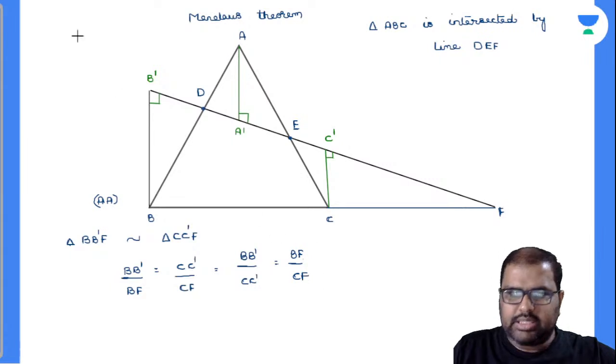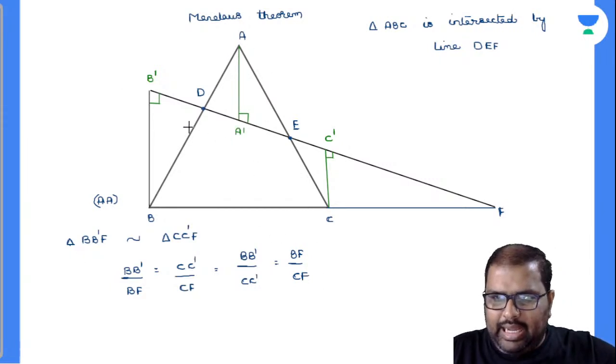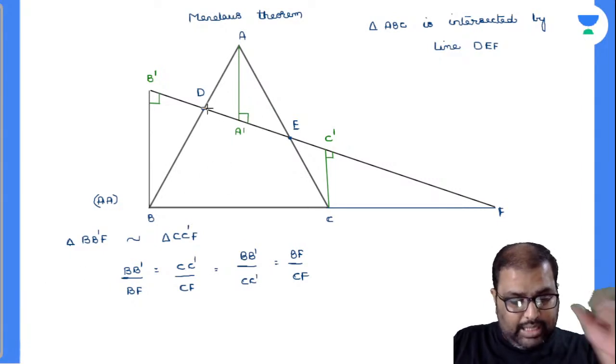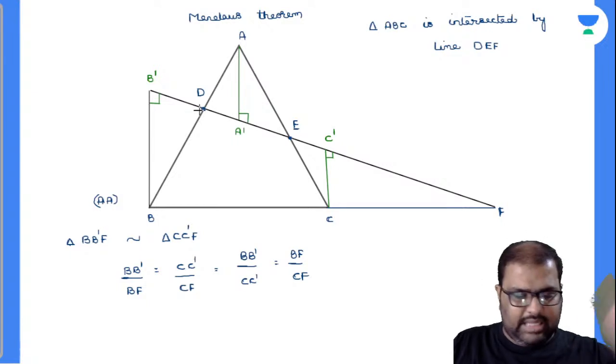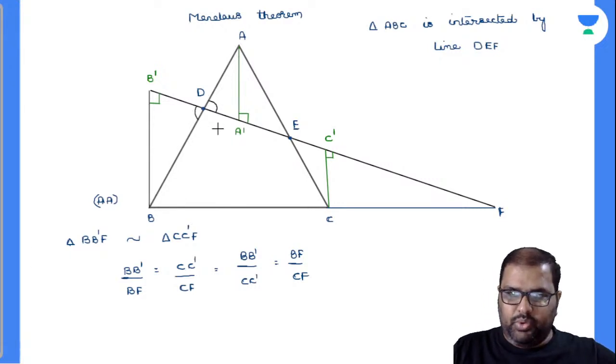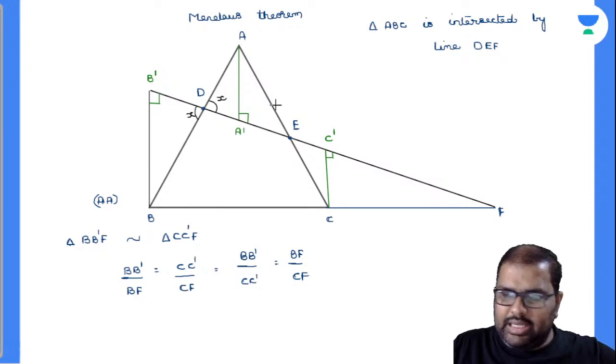Next, observe triangle AA dash D and triangle BB dash D, and closely observe how I can prove these two triangles are similar. Both have 90 degrees for sure. Now closely observe the vertically opposite angles: when two line segments intersect with each other, vertically opposite angles are equal. If this is X, this will also be X. By this I can say these two triangles are similar.